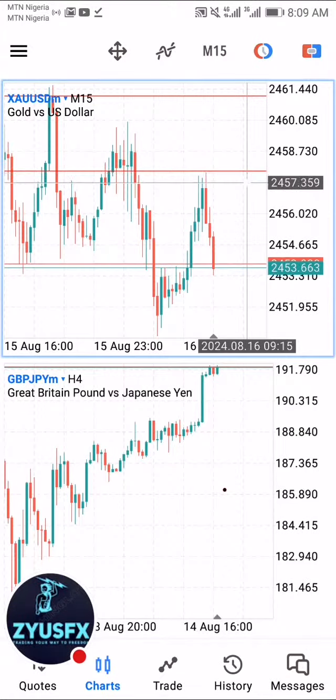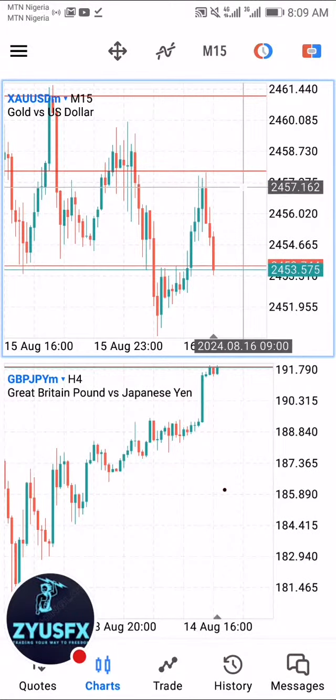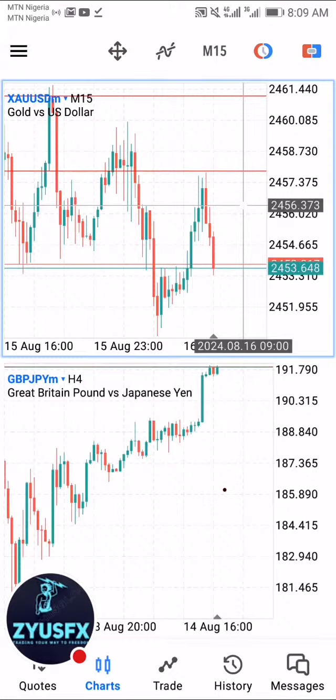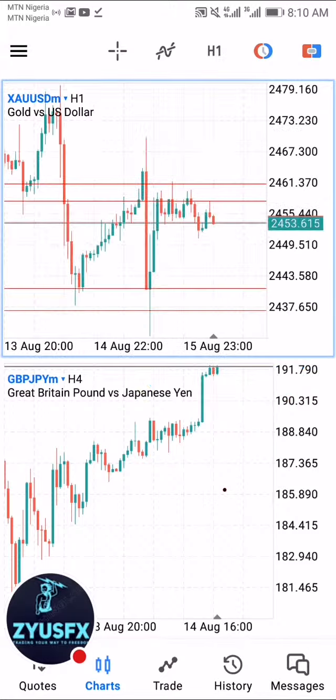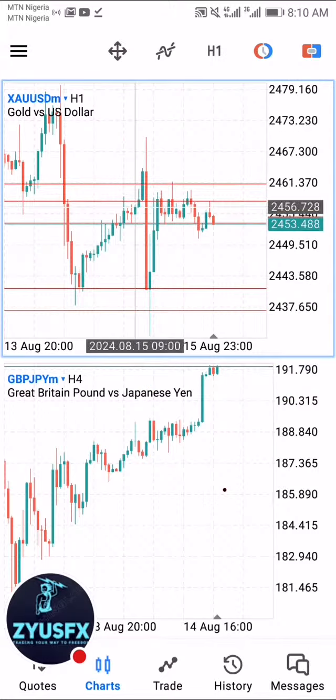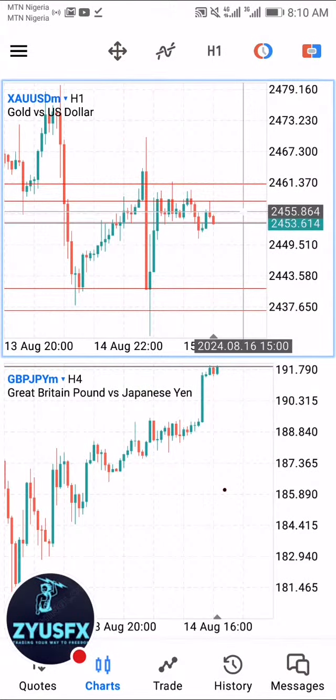You can set your stop loss above this candle, 24.56, if you're currently in the sell. Safely remove the risk from the trade because price is going down.